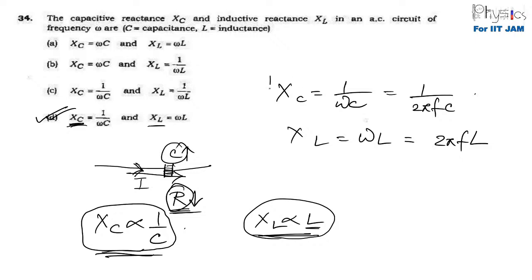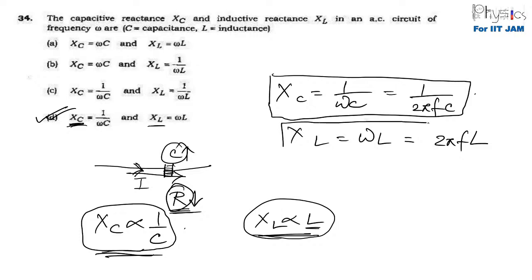So you need to remember these two formulae. Here the correct option is option D, XC equal 1 by omega C and XL equal omega L.